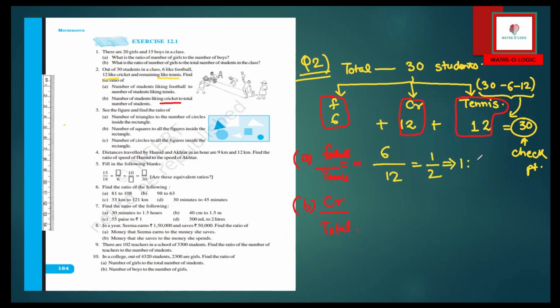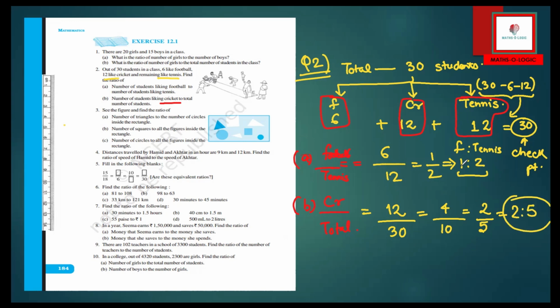You can write it as 1:2 also. Fine. So football is to tennis, this is the answer. Then cricket. So this is 12 and the total number is 30. So just divide this and I'm going to get 10 and 4, further to be reduced. This will be 2:5. So this is the question number 2.